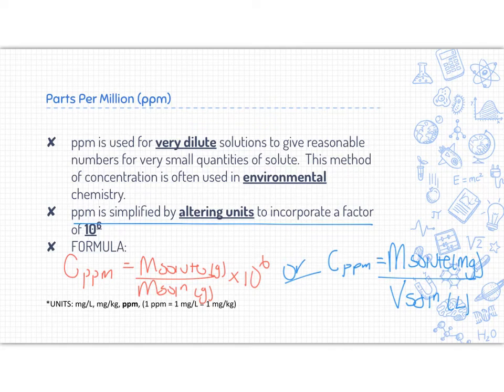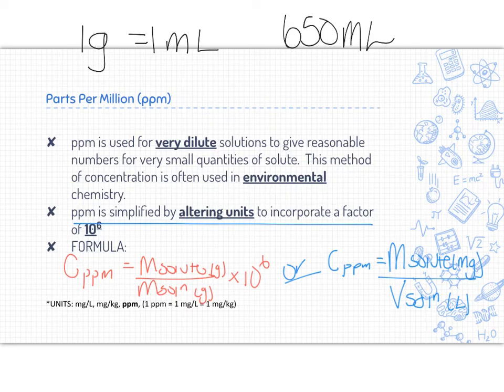Now, what you need to know as well is that 1 gram of solution is equal to 1 milliliter of solution. So for instance, if I have 650 milliliters of pond water or something like that, I can say that that 650 milliliters of pond water is equal to 650 grams of pond water.